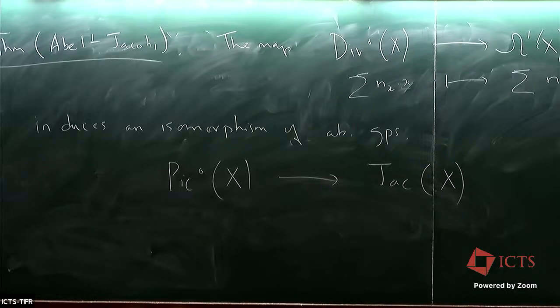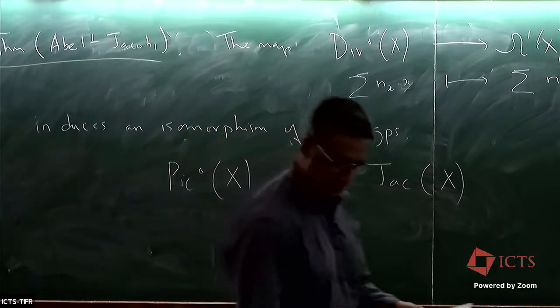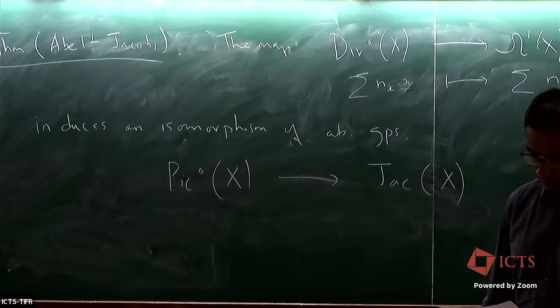You have to basically check that the denominators go to the denominators on both sides, right? That's first of all to make it well defined, and then that it's an isomorphism. So I'm not going to get into the proof. This is a well-known classical theorem.